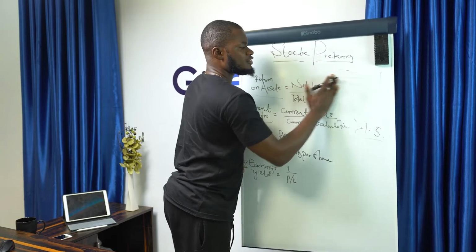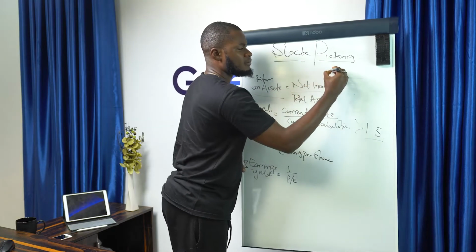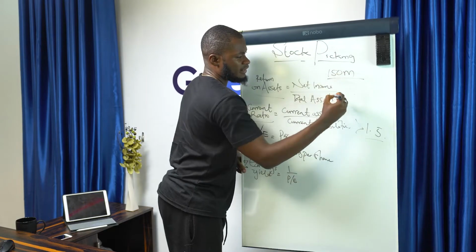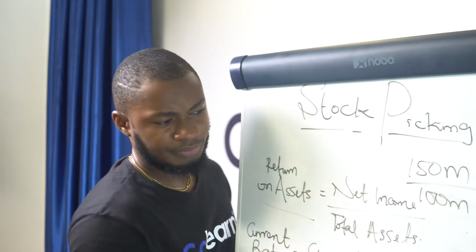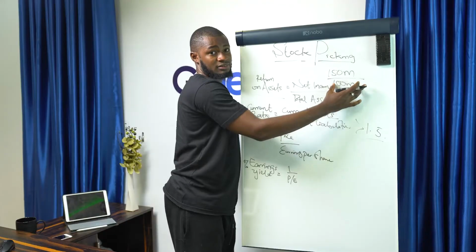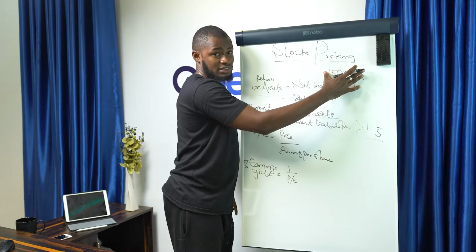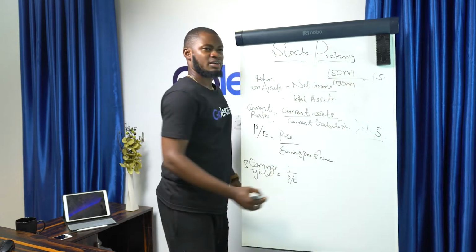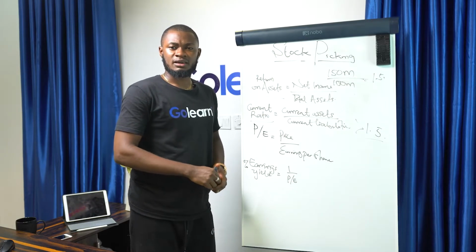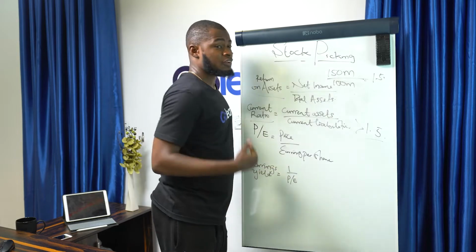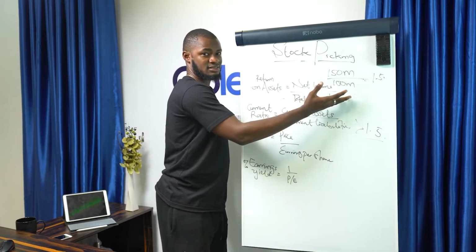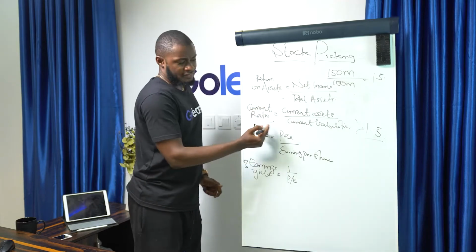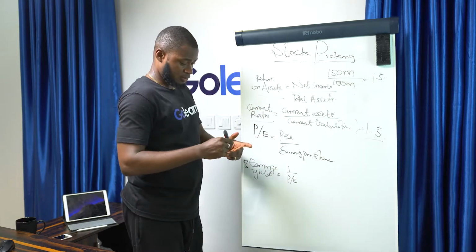But if they had current assets of 150 million divided by liabilities of 100 million, this will be 1.5. It is a fair company. But we are looking for figures higher than this. So that is a financial ratio that you must keep close to you.